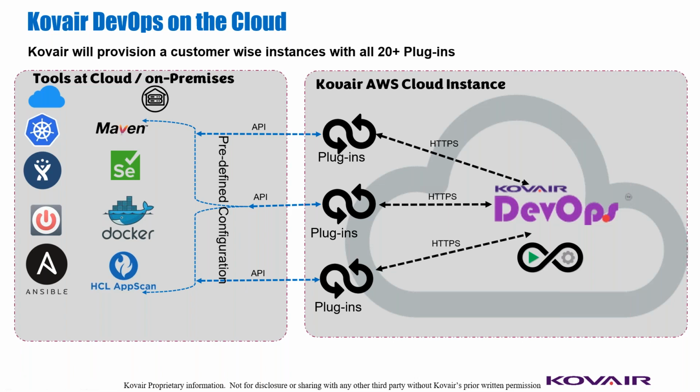The plugins will be connected to your tools, it could be your on-premise tools, it could be your cloud tools, through their APIs. For cloud tools, these plugins can directly access them, but for on-premise, you need to deploy the agent services at your end. So overall, though the platform is in AWS cloud, it can connect to your cloud tools as well as your on-premise tools.